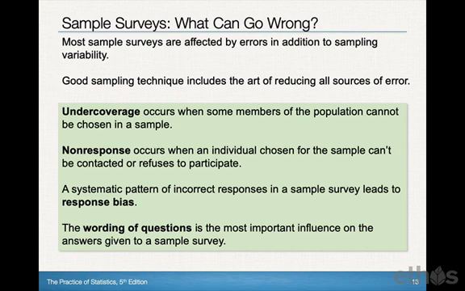How about this? If I say, you're going to vote for candidate A, aren't you? That tells you, as the person answering, what the person asking wants to hear. And there are a lot of people who will simply give the answer that they think the interviewer wants to hear, regardless of their own opinion. So wording of questions is a very simple way to really screw up a survey if you're not careful.